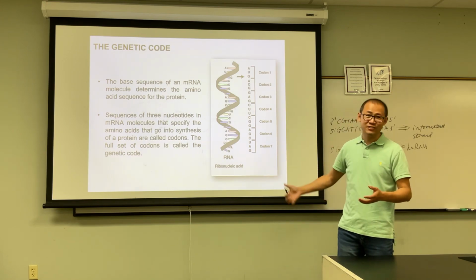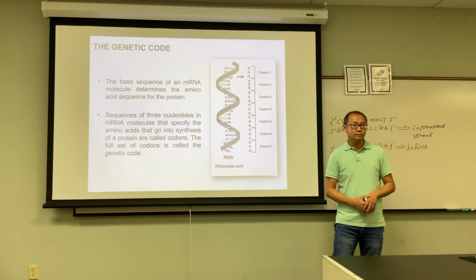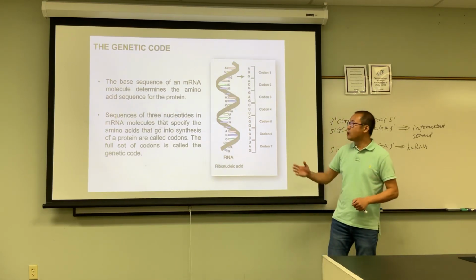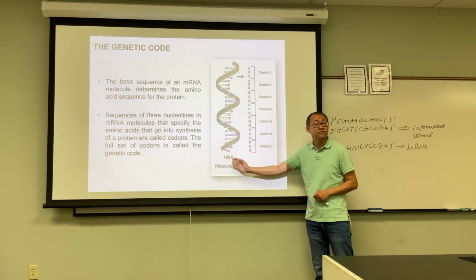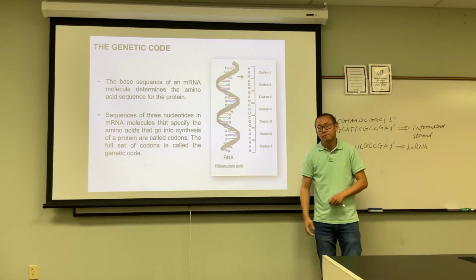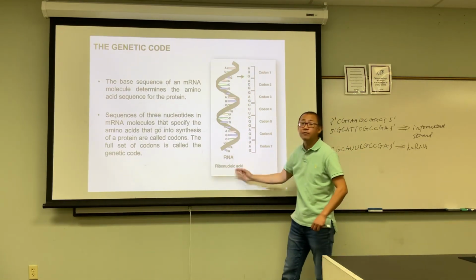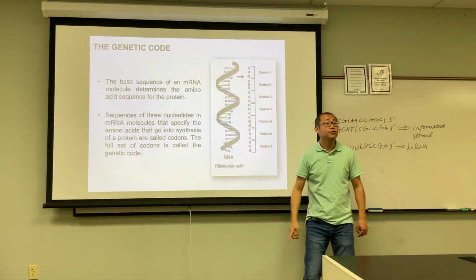Now, what is messenger RNA? Messenger RNA is the one that directs protein synthesis. The information messenger RNA has is from DNA, because it's transcribed. And the information is in the sequence of the bases.